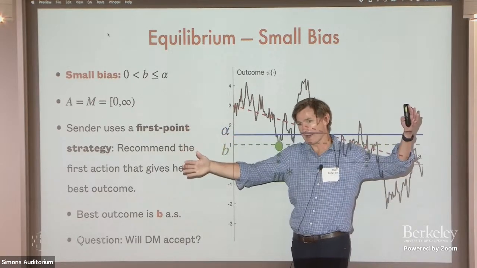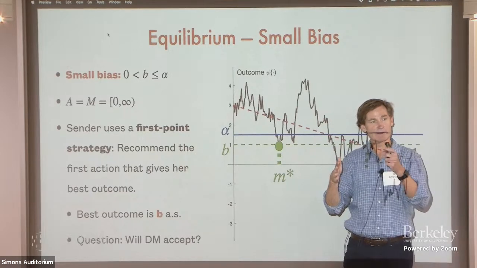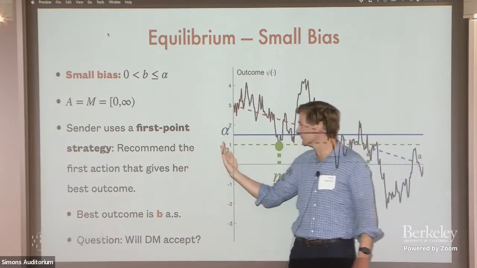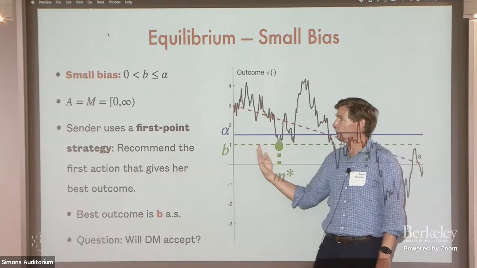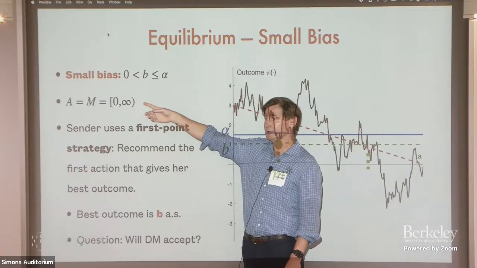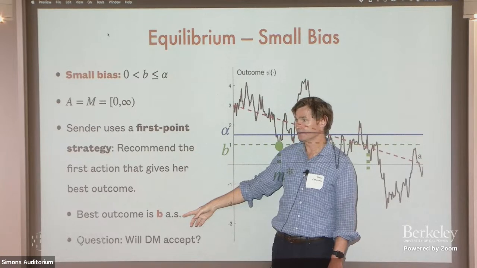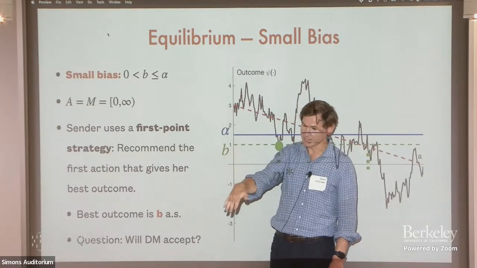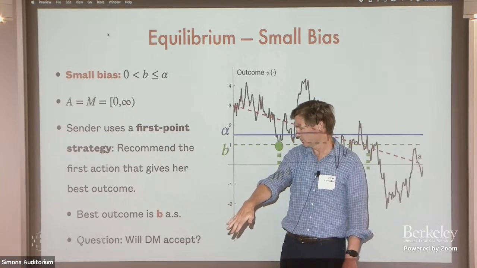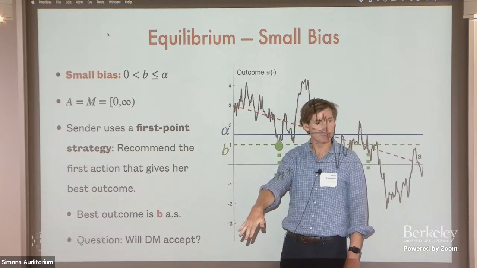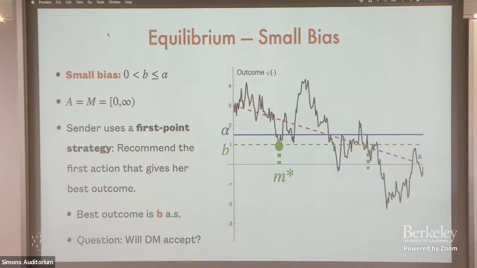She looks at the whole path, finds the actions that are best for her, and recommends the first one, by which I mean the one closest to zero. When the path is the whole real line, that is almost surely outcome B. This is a Brownian motion with negative drift, so it's going to cross B at some point with probability 1. So now the question about equilibrium is, if that's the recommendation, will the decision maker accept that recommendation?